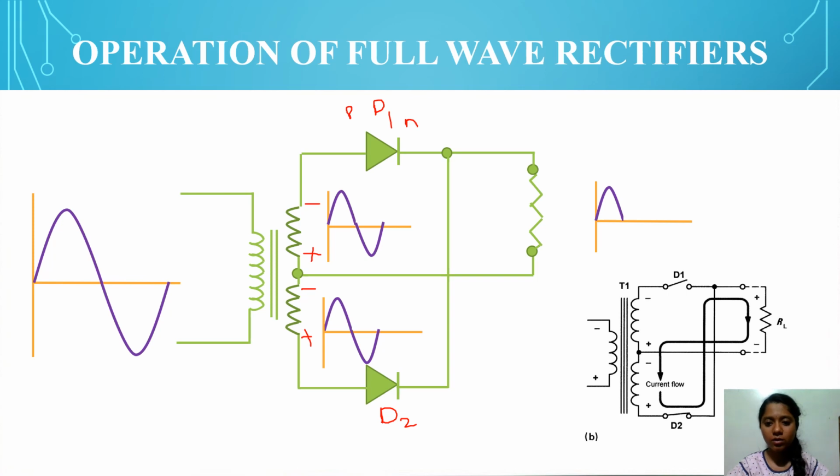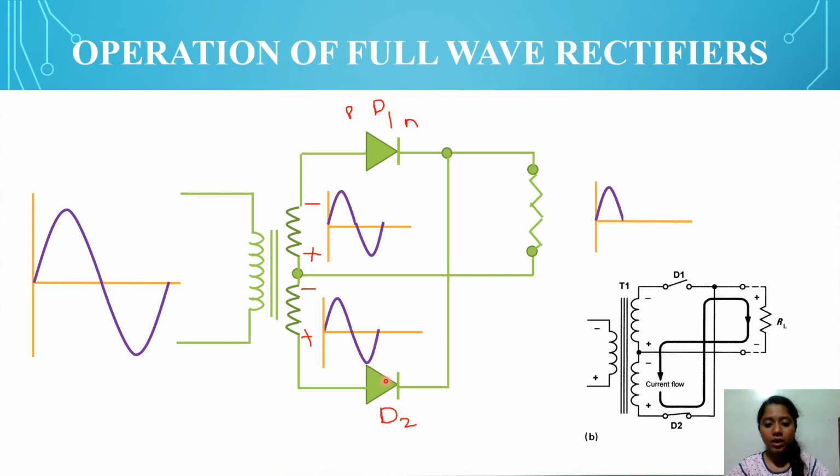Then this is the load resistor. In the negative half cycle, with respect to diode 1, the negative terminal is connected to P type. Since negative is connected to P type, diode 1 acts as reverse bias. Since it is in reverse bias, it acts as an open switch and there is no flow of current.